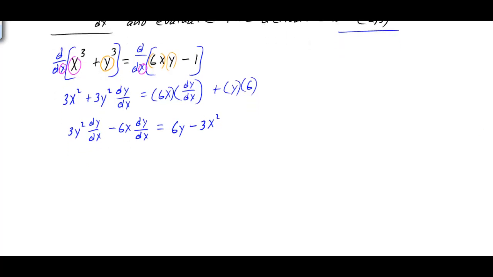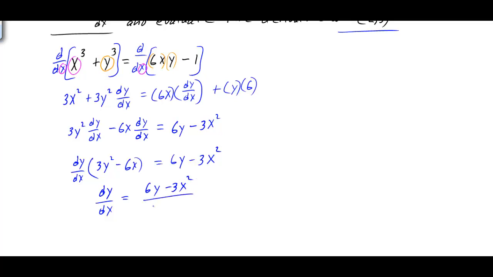Now we have our dy/dx together, so we can factor out dy/dx, where we're left with 3y squared minus 6x. At this point, we can divide everything away to solve for dy/dx. So we're left with 6y minus 3x squared, all divided by 3y squared minus 6x.